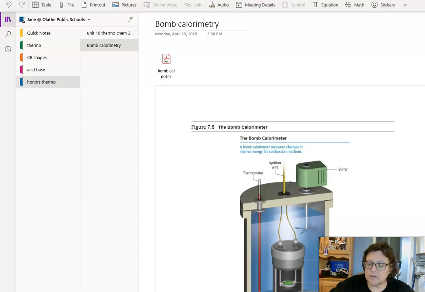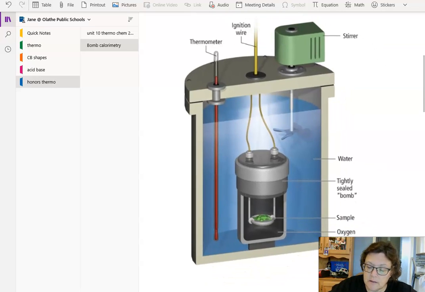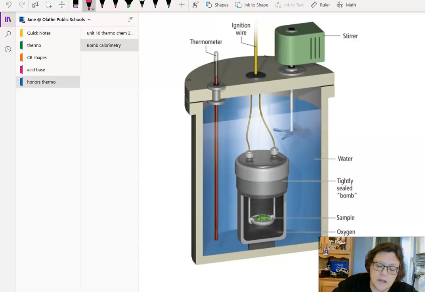So they have what's called a bomb calorimeter. A bomb calorimeter is a big canister, and inside it has a chamber, and the chamber has a place where you can have a reaction occur. So imagine you want to know the energy in your ham sandwich. Well, you're going to put it into this chamber.